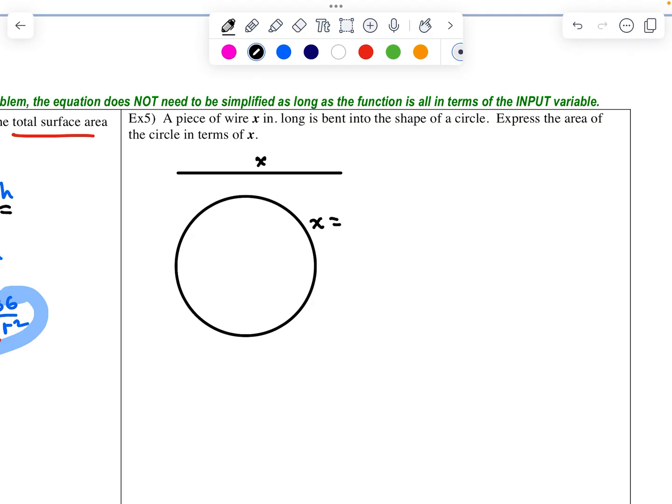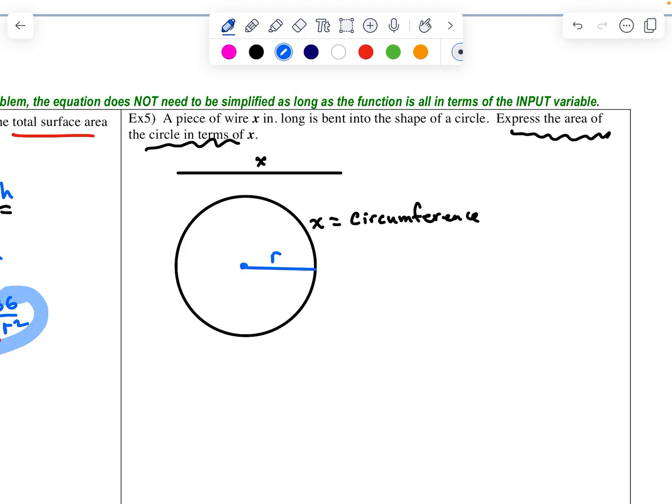So it's equal to the circumference. Keep that in mind. It says express the area of the circle in terms of x. Other things that would be useful to know: all circles have a radius or a diameter.